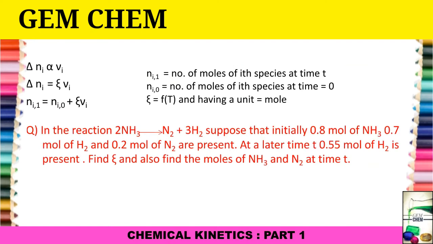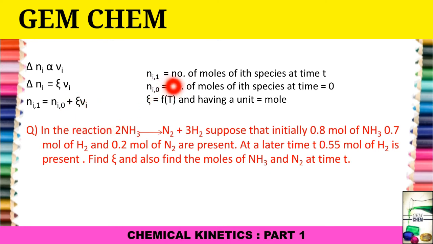Now say this one, delta Ni is actually our difference in the number of moles. So delta Ni is proportional to nu i. Delta Ni can be written as equal to the extent of reaction, that is epsilon times nu i, and if we break it out, then Ni equals Ni0 plus nu i epsilon.